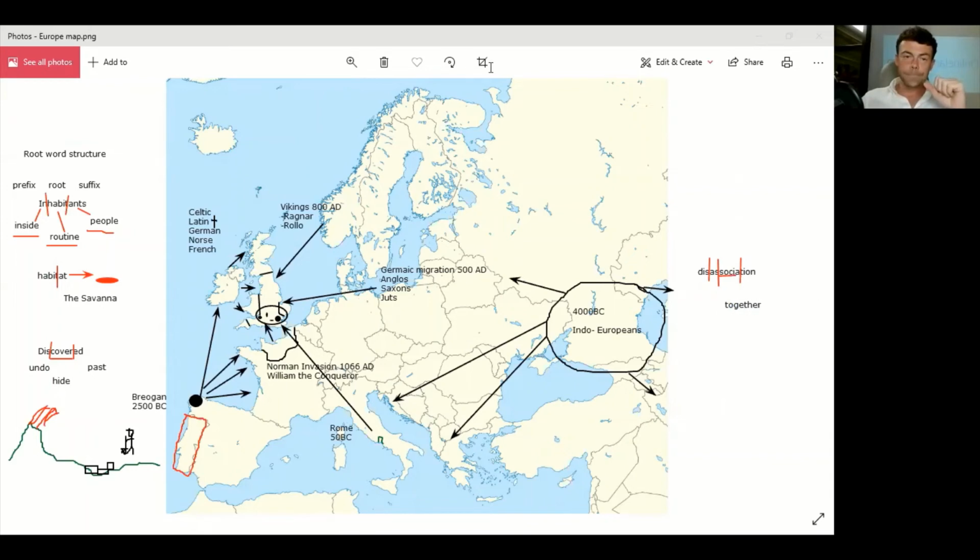Now, the way this works with 2 prefixes here is in the order that it happened. The S part of the prefix happened first and the dis happened after. So they go in this order. Prefix 1, prefix 2. Let's start with prefix 1, as, which means an increase of a value. For example, ascend.